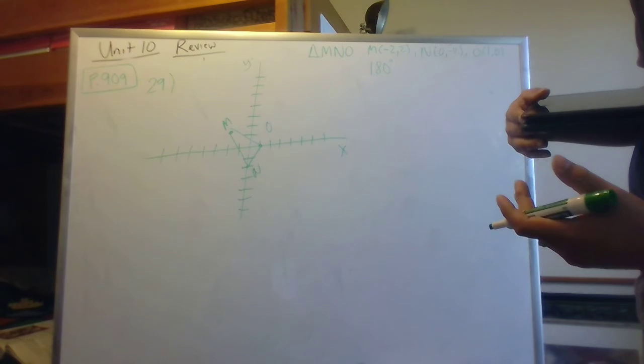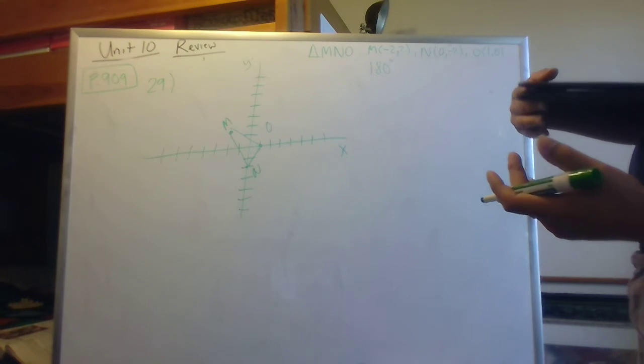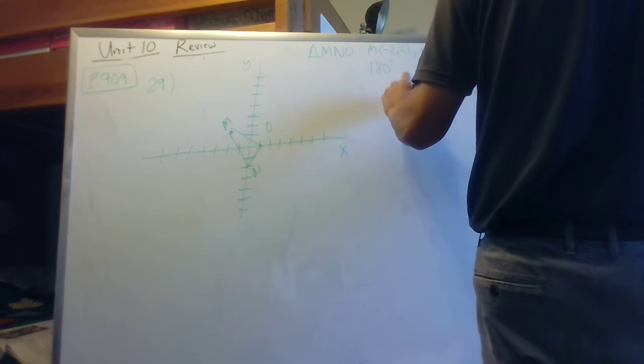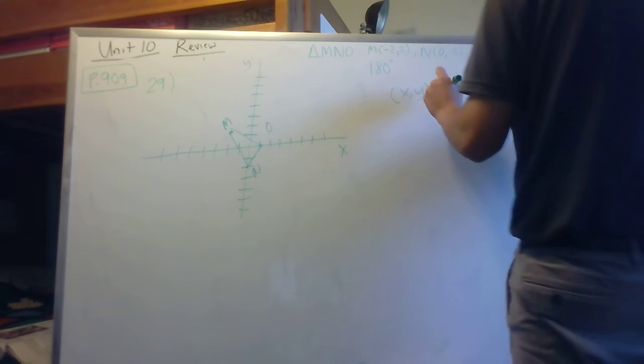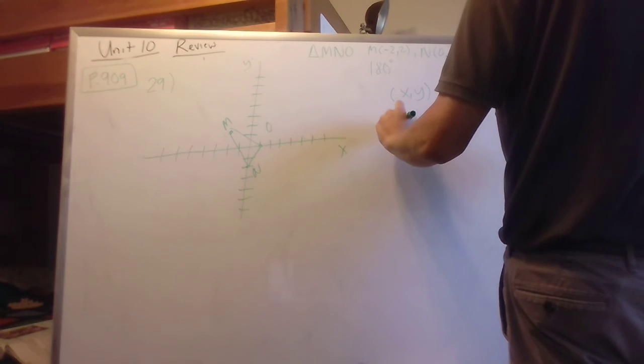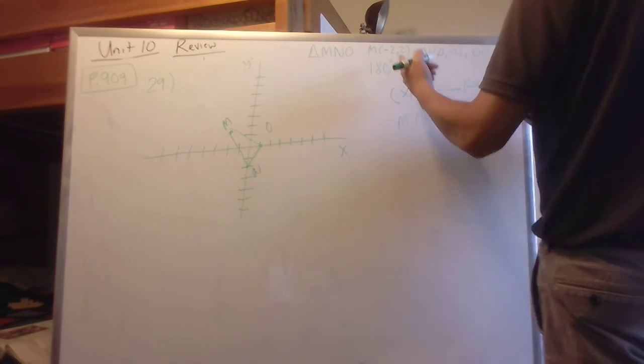So it's very important to now go to page 909 in the textbook because it says for a 180-degree rotation, you're going to have new coordinates. Instead of being at x, y, your coordinates are now going to be -x, -y. So for M prime, we're going to switch the signs.